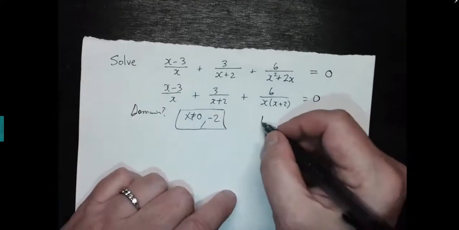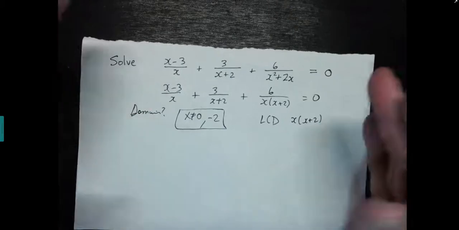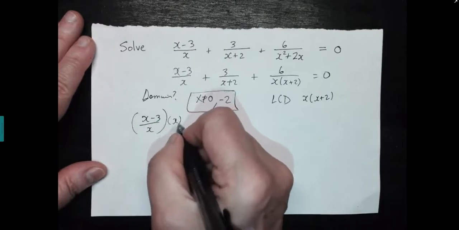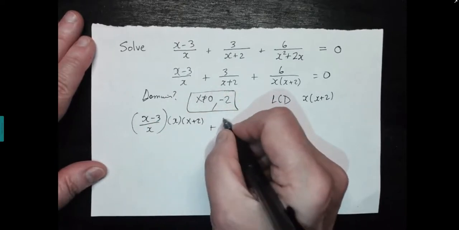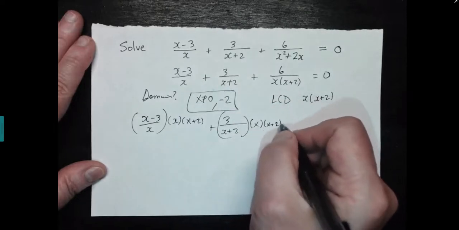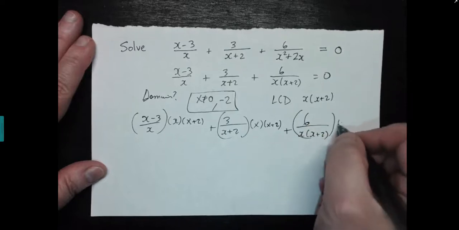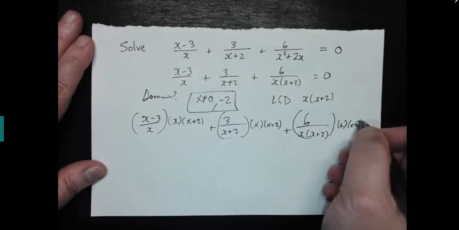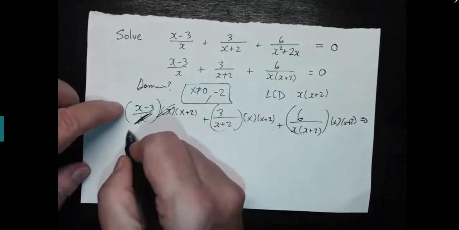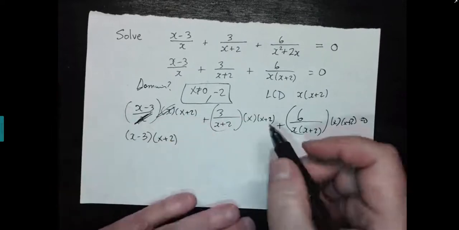Now when it's like this, we can see that the lowest common denominator is x times x plus 2, and so every term needs to be multiplied by x times x plus 2. Okay, now with cancellation, here I'm going to have x minus 3 times x plus 2, and I'll need to multiply that through.